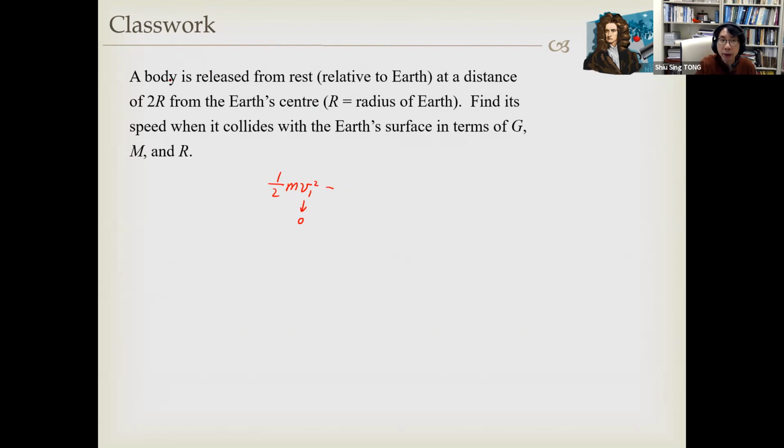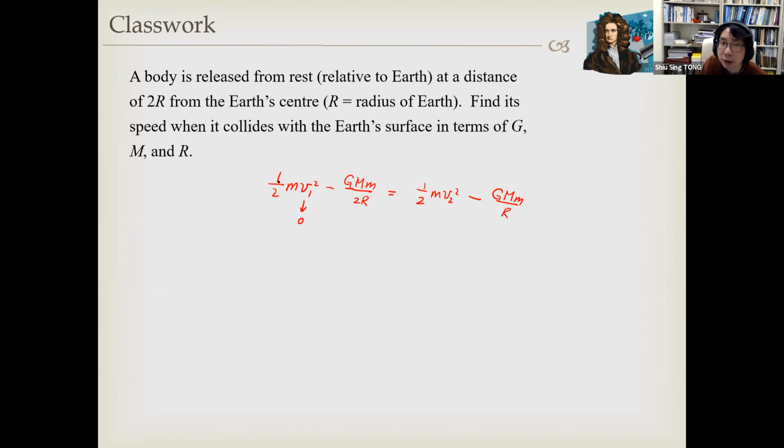Initial potential energy is what? Initial distance is 2R from the center of the Earth. So the potential energy is minus GMm over the distance, 2R, right? The final kinetic energy is what we want to find. So we denote the final velocity as V2. And when it hits the Earth's surface, the final potential energy is minus GMm over R, right? There's a distance R from the center of the Earth.